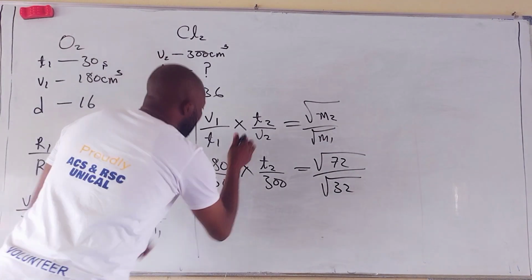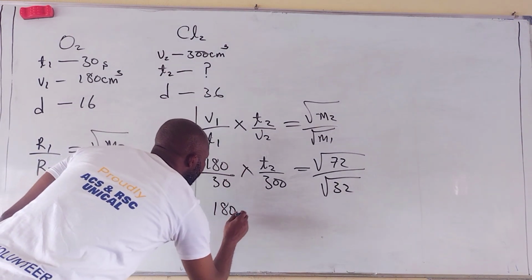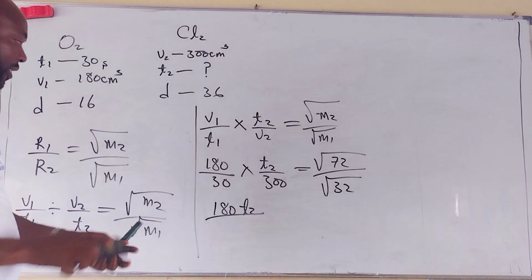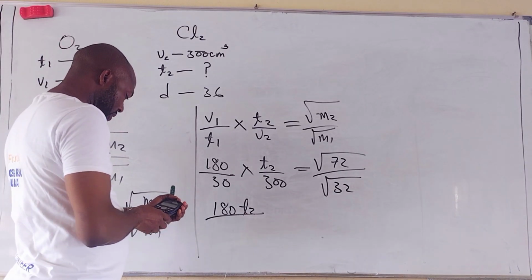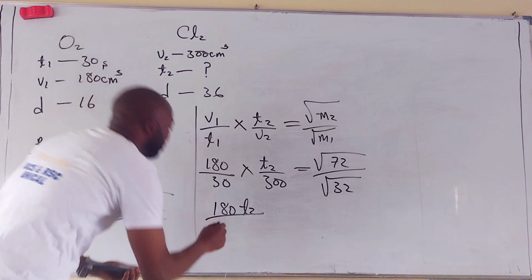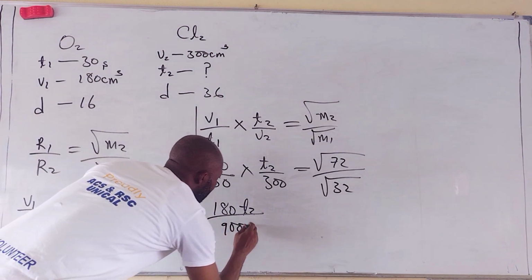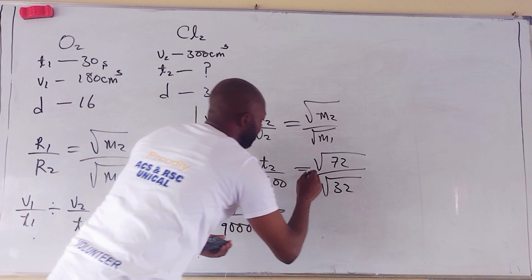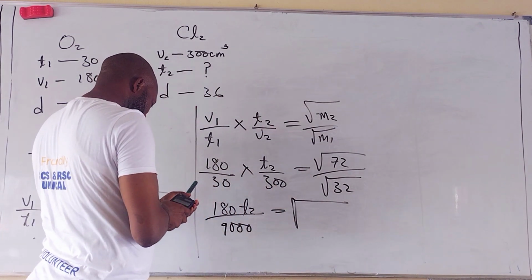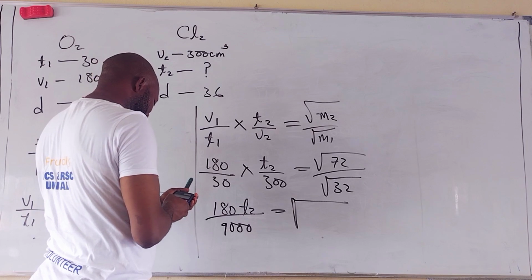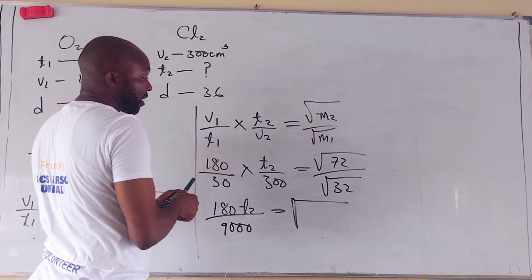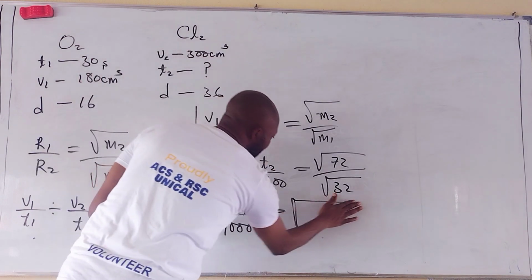So I have 180 T2 all over 30 times 300, which is 9,000. This is equal to the root of 72 divided by 32. I'm not going to break it down, I have to leave it the way it is.